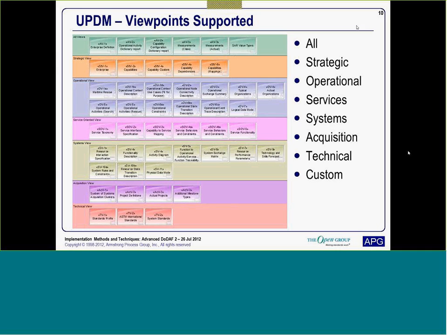I call your attention to one that we'll see a little bit later in the presentation, and it's this thing called OV-1D, operational context, fit for purpose. So this is a key element of the architecture framework, and therefore a key element of UPDM and how we use UPDM.